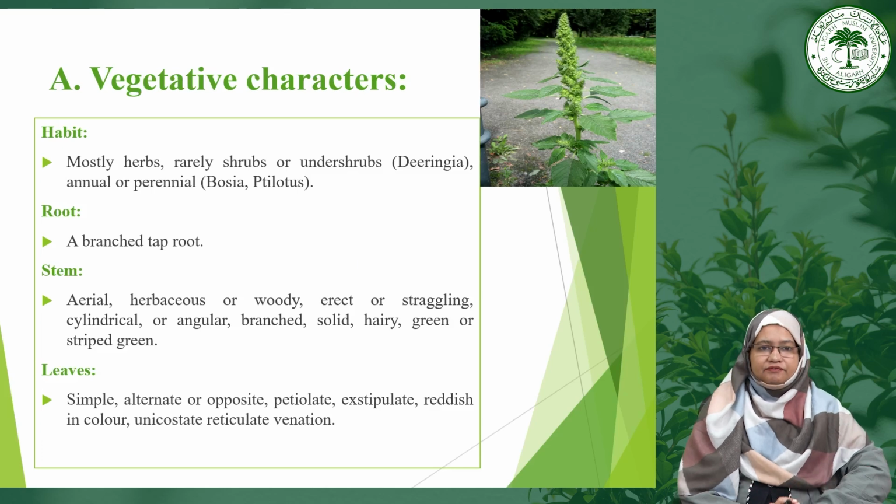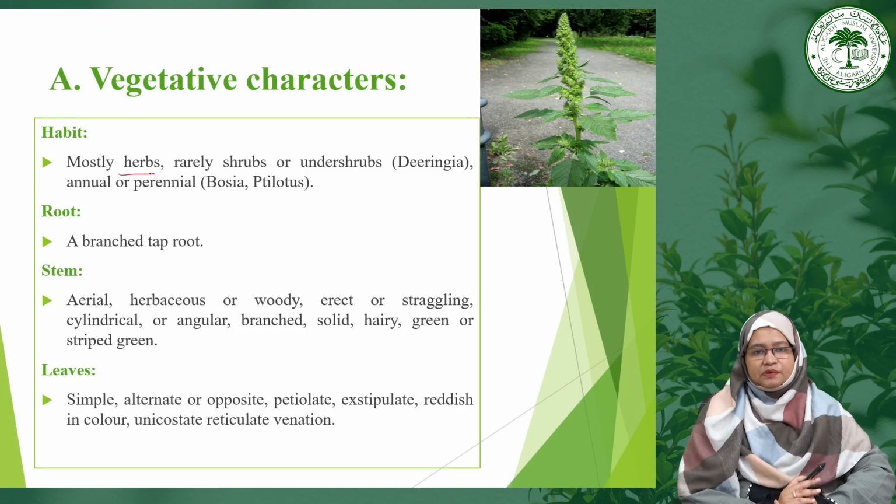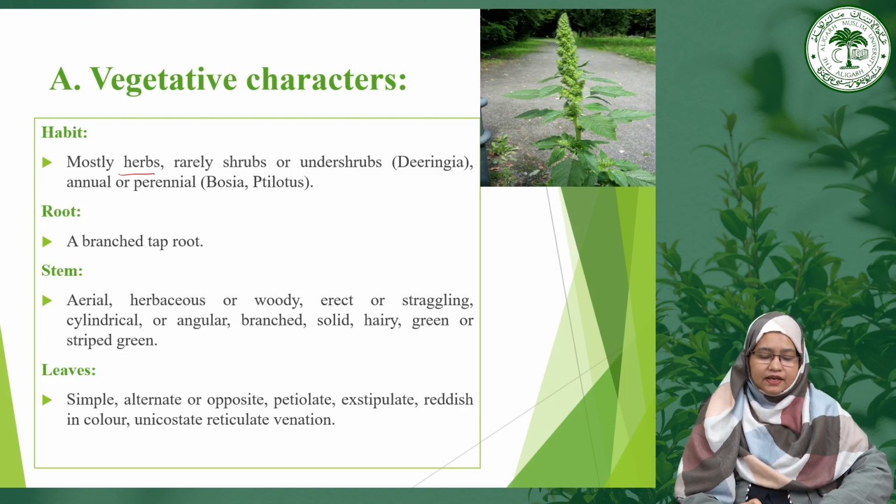Now the vegetative characters of the family Amaranthaceae. They are mostly herbs, rarely shrubs or undershrubs like Achyranthes, annual or perennial like Boerhavia or Celosia. The root is generally a taproot. The stems are aerial, herbaceous or woody, generally erect, straggling, cylindrical, sometimes angular, branched, solid.